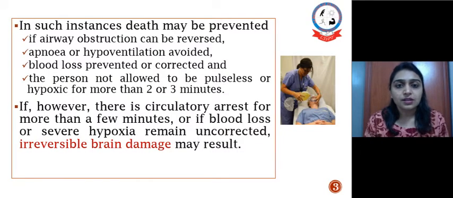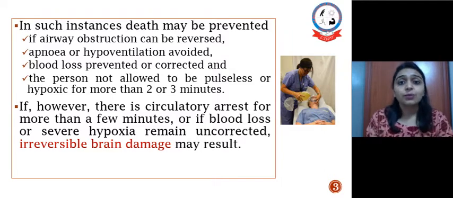In such instances, death may be prevented if the airway obstruction can be reversed, apnea or hypoventilation avoided, blood loss prevented or corrected, and the person not allowed to be pulseless or hypoxic for more than 2 to 3 minutes.